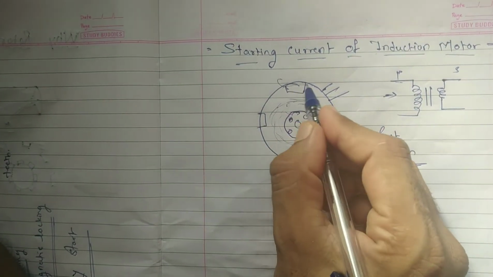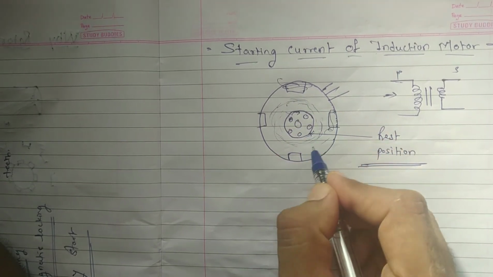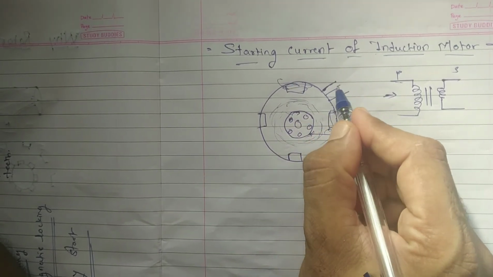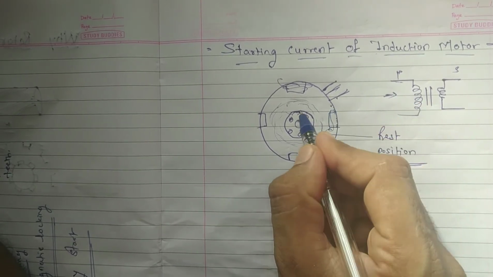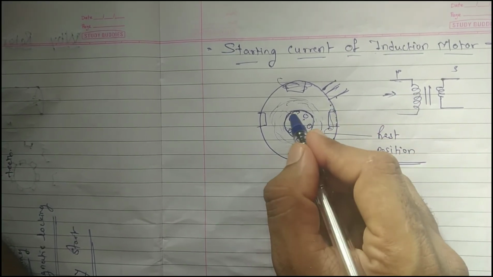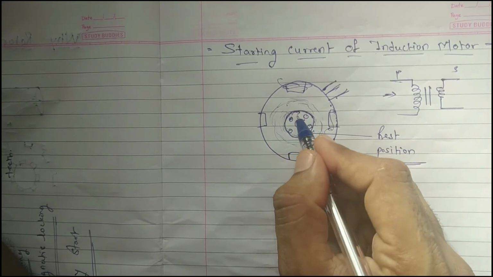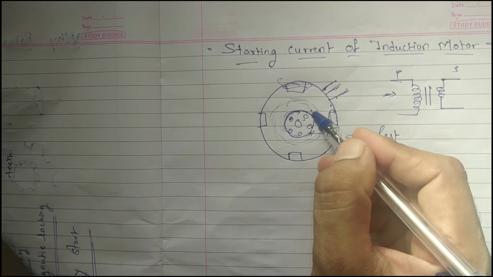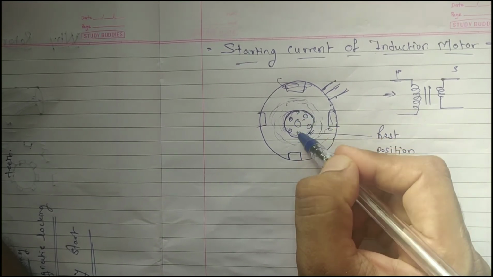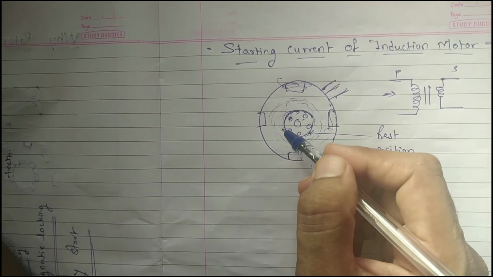There is a winding at the stator, and we provide a supply to the stator winding. This is your primary winding, and you collect the supply at the secondary winding, nothing but your rotor. It means EMF will again be induced, so this is our secondary winding, and the same transformer action happens.